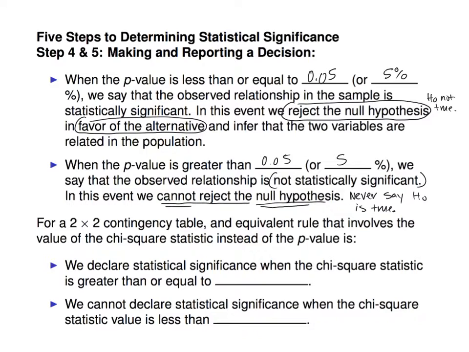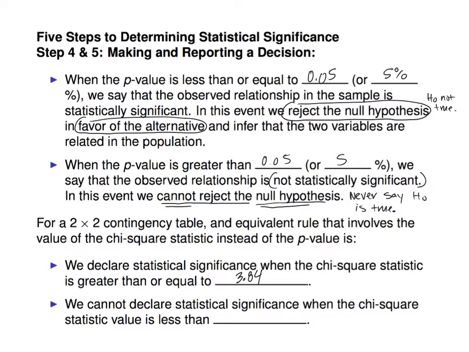And this is specific to things like 2x2s. The question is how big does the chi-square need to be. You can declare statistical significance when the chi-square statistic is greater than or equal to 3.84. That's what is big, which is not a very big number in my book.